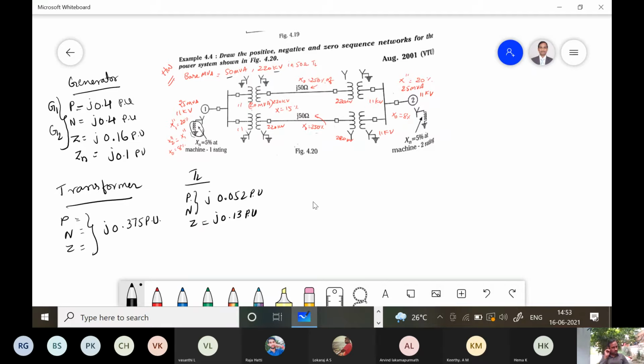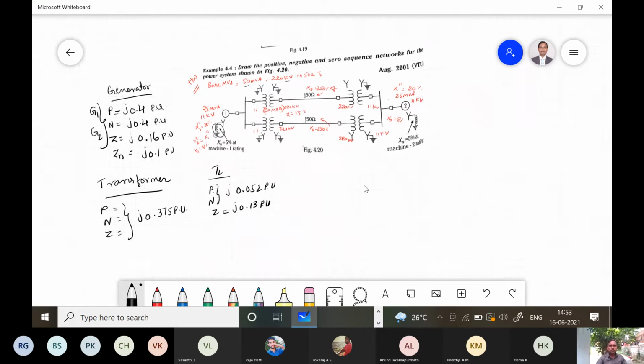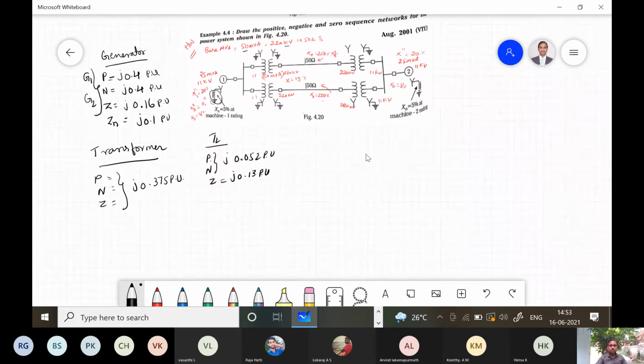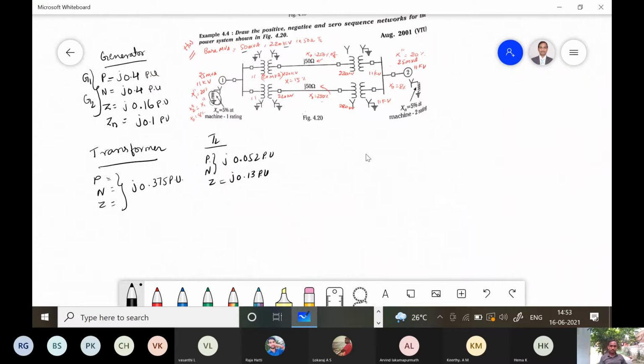By using this we need to draw the positive sequence network, negative sequence network and zero sequence network. So I will write the positive sequence network now, PSN.